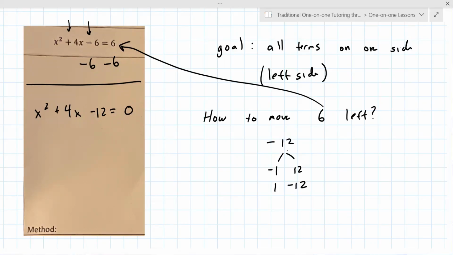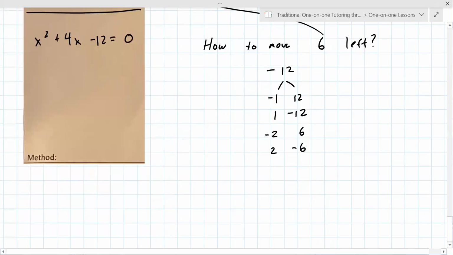What is 2? 6 times 2 equals 12. That's another one. -2 times 6, and then 2 times -6. And there's two more. What's the next two? 3 times 4. -3 times 4 and 3 times -4.